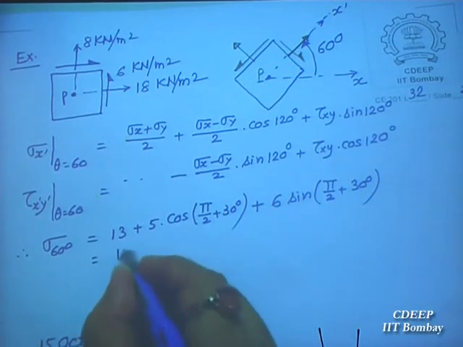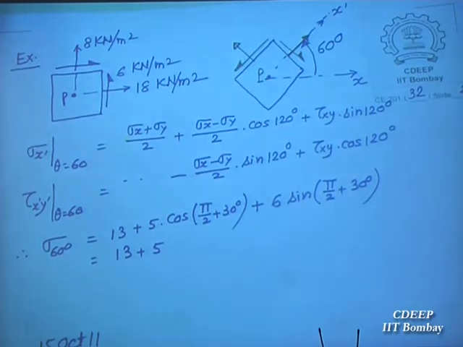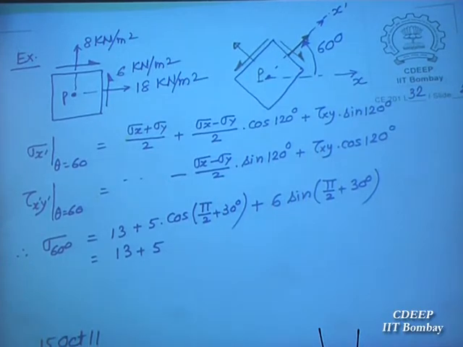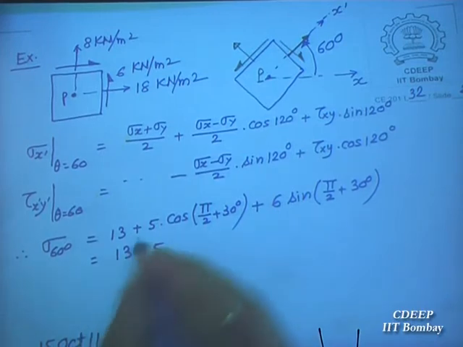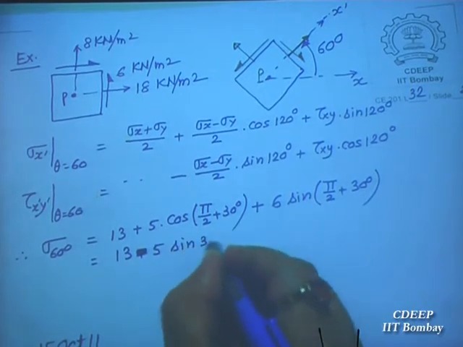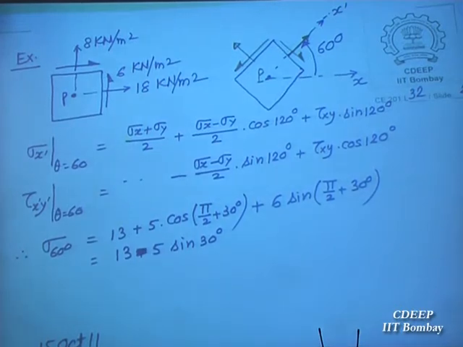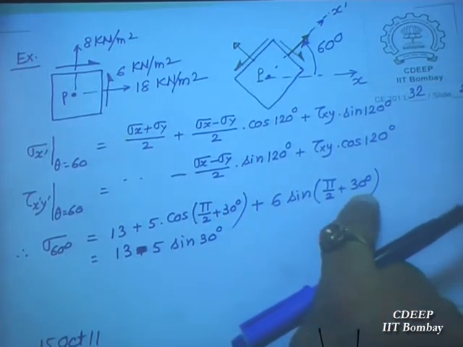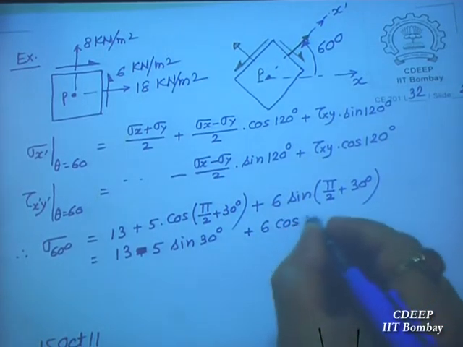So this comes out to be 13 plus 5. What will this become? Cosine of 90 plus 30 becomes minus sin 30, so it is minus 5 sin 30, and sine of 90 plus 30 becomes cos 30, plus 6 cosine 30 degrees.